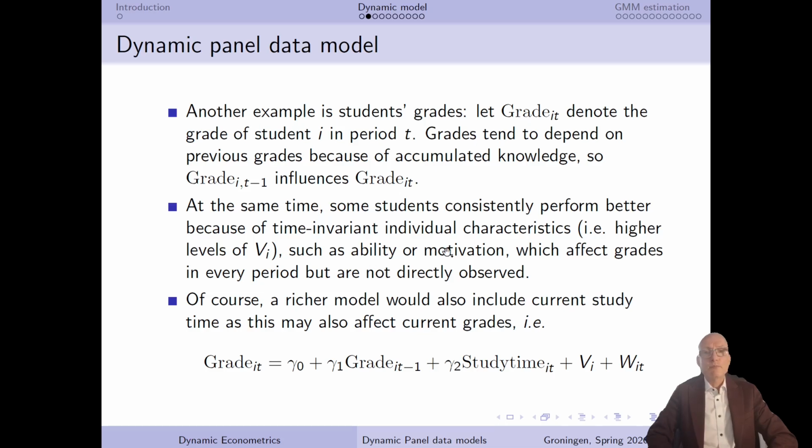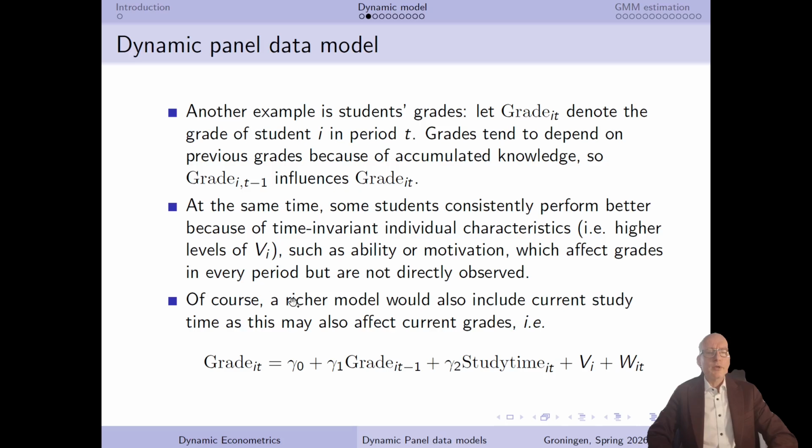Some people are just better in mathematics, and therefore, even if they would not have had a very high grade in the past, they are probably going to have good grades in the future simply because they are good in mathematics. Take into account, of course, that people who are good in mathematics usually don't have bad grades in the past. And this is going to affect the grades in every period, but is not directly observed.